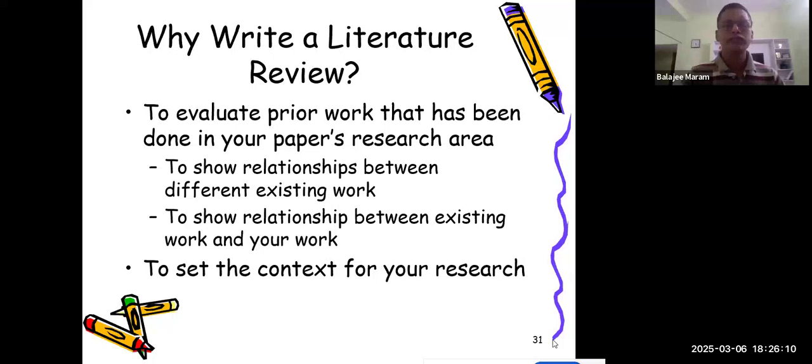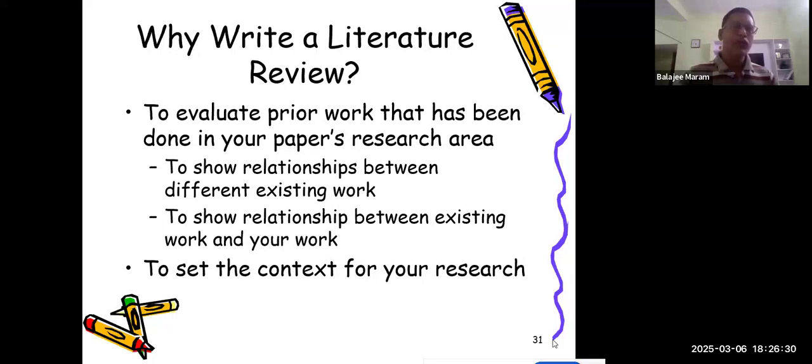Now, why write a literature review? What is the need? Earlier researchers have already published some papers. When we are trying to propose a new solution, definitely we need to observe existing methods, methodology, and existing solutions.